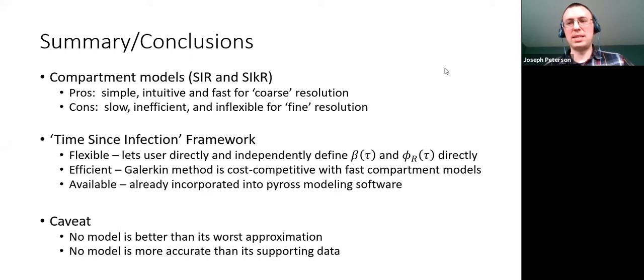Basically, what I mean is that if you don't have enough data to properly parameterize a TSI model, you're just as well using a compartment model, perhaps, in many cases. Otherwise, you're going to give yourself a false sense of security for the level of accuracy that you've put into your model. So I believe that wraps up my talk, and I will take questions if there are any.